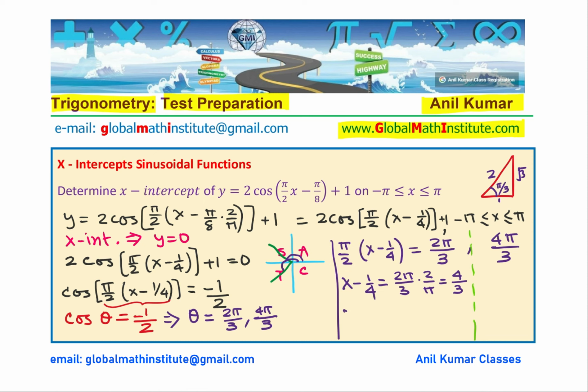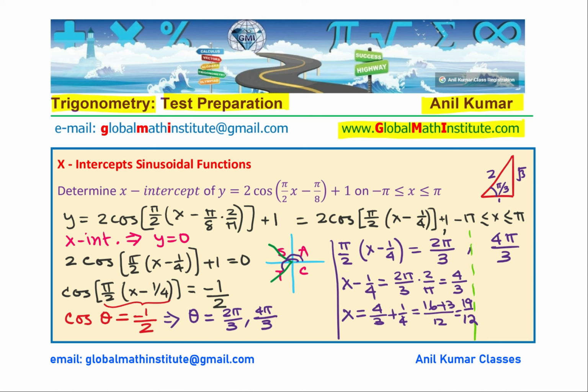So what is x equal to? X will be equal to 4 over 3 plus 1 by 4, correct? Clear? So 12 is your common denominator. 4 times 4 is 16, 1 times 3 is 3, so we get 19 over 12.